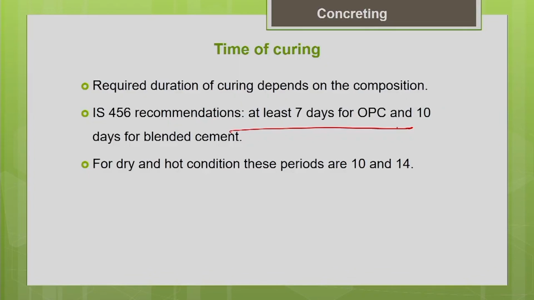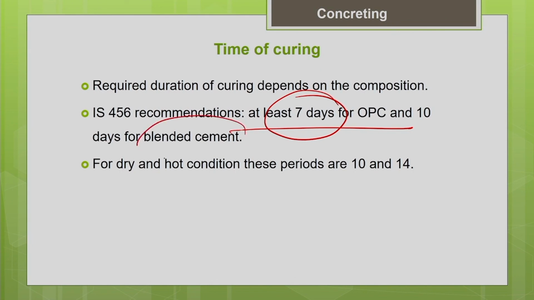As per the IS code, at least 7 days of curing is needed for concrete with ordinary Portland cement. The duration of the curing also depends upon the composition of the cement type. If you are going for OPC, that is ordinary Portland cement, at least 7 days of curing is needed, as per the IS code guidelines.